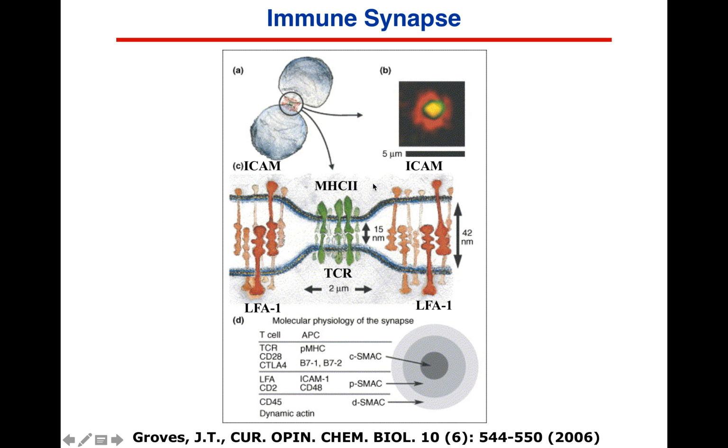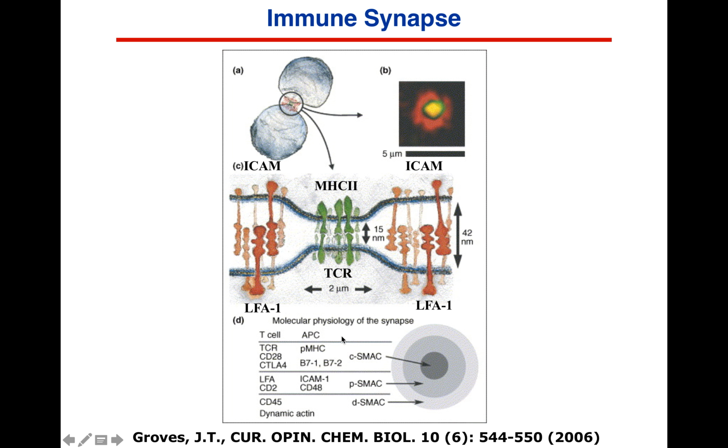Just as you think about a synapse between two neurons, between the axon terminals and the dendrites, you can see here that there's a cluster effect in which there's a distinct organization that happens over time of those receptor and ligand interactions.